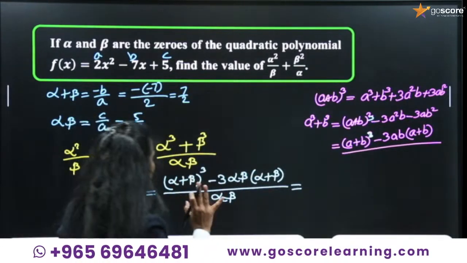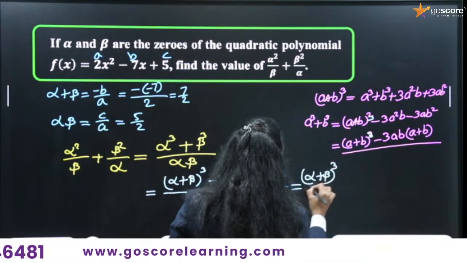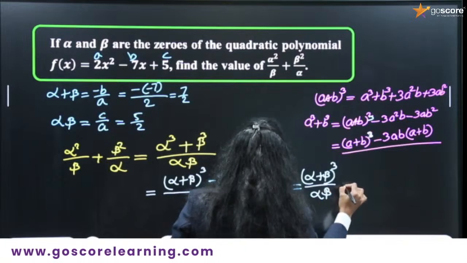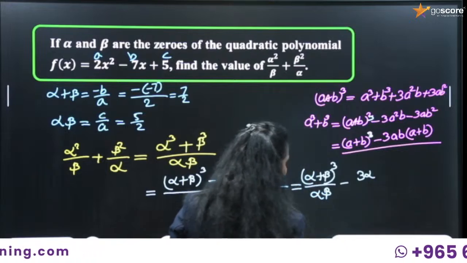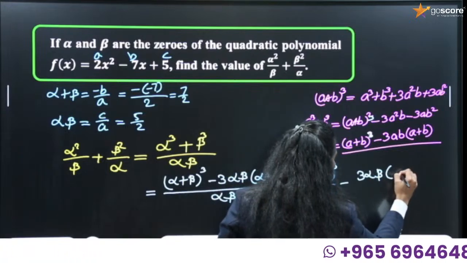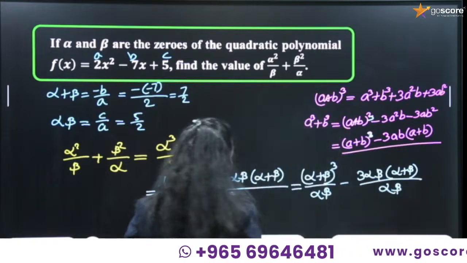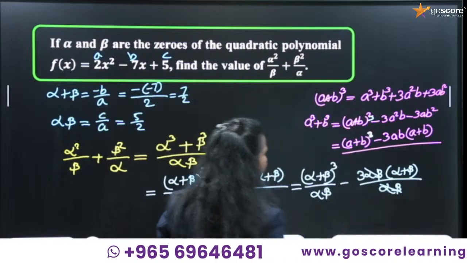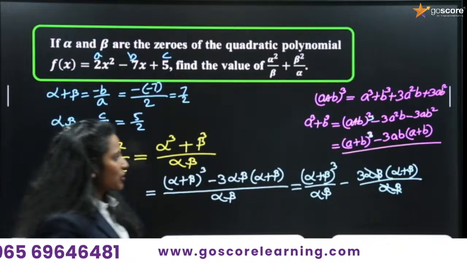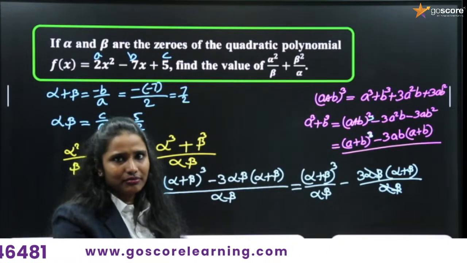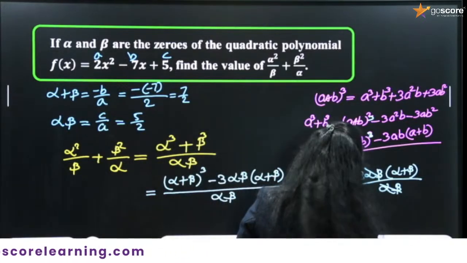Okay, split this fraction, that is alpha plus beta whole cube divided by alpha beta minus 3 alpha beta into alpha plus beta divided by alpha beta, so that we can cancel this alpha beta. Okay, now we are simplifying it. So can I take the next page? Yeah. I'm taking it. If you want, you can pause and take a screenshot, or you can write it, then come.